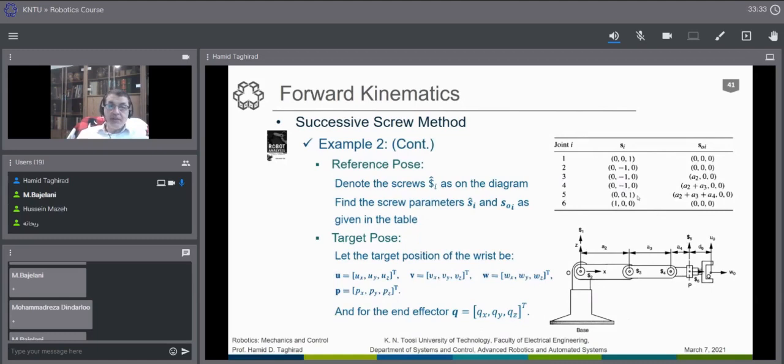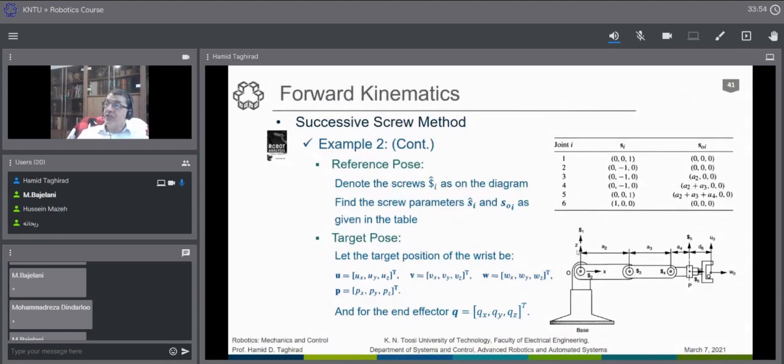In 2 minutes, you can find the screws. What is the position or the difference of the screw with respect to your reference frame? This is related to where you have considered the reference frame. So we have A2 for the S3.